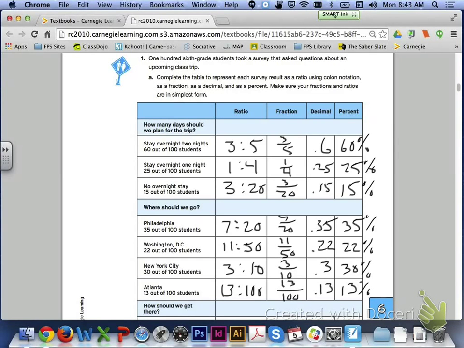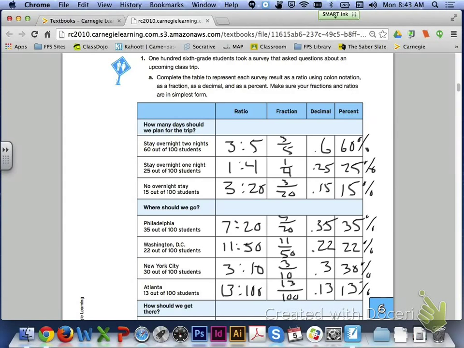Let's take a look at the first two sections of the table first. I'm just going to go column by column. If we take a look at the ratios first, you should have 3 to 5, 1 to 4, 3 to 20, 7 to 20, 11 to 50, 3 to 10, and 13 to 100. For the fractions, you should have 3/5, 1/4, 3/20, 7/20, 11/50, 3/10, and 13/100.